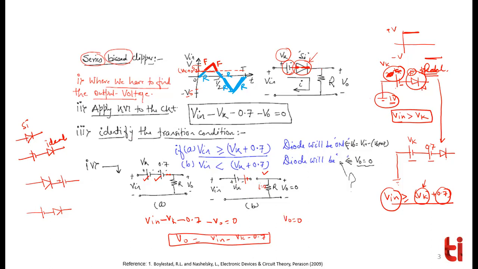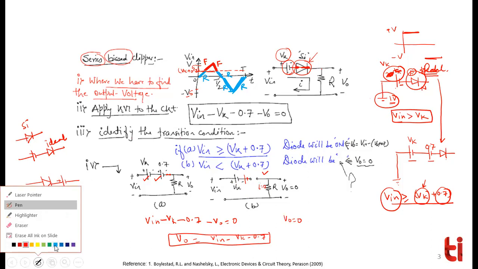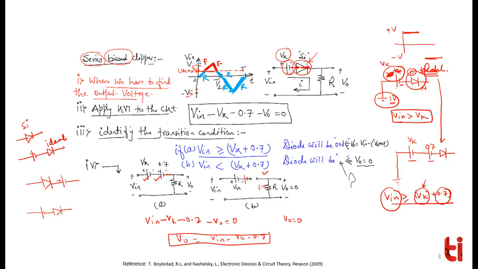Okay. Now draw the output. Let's say I'm drawing the output above the input. I'm drawing it above because there is no space below; you don't have to draw it above. Okay, let's say this is the axis. In all cases where the diode is in reverse bias, the output is 0.